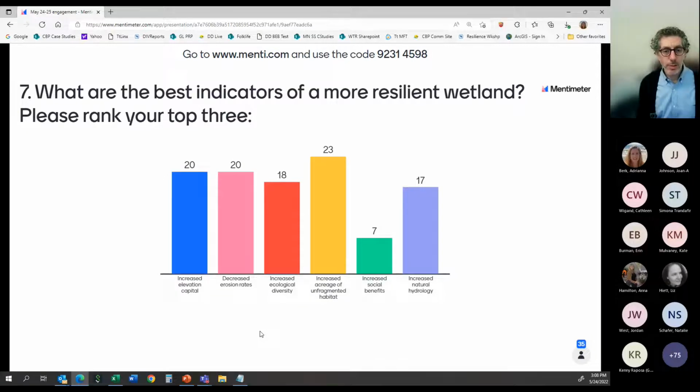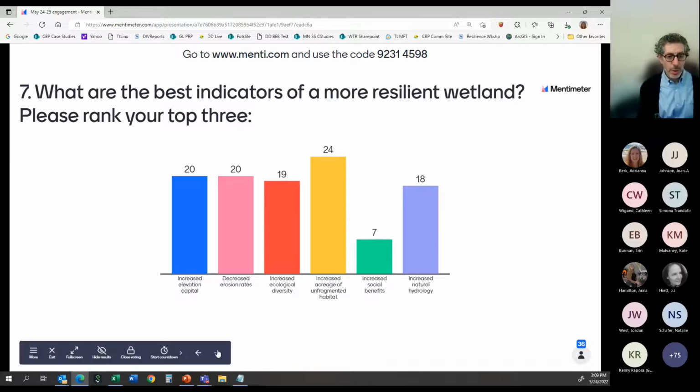Give it another minute to get some more data here. Seems like most of them are pretty similar. Increased acreage of unfragmented habitat is at the top. Most of them are fairly even, and then increased social benefits is lower. So keep this in mind as we move into the next prompt.